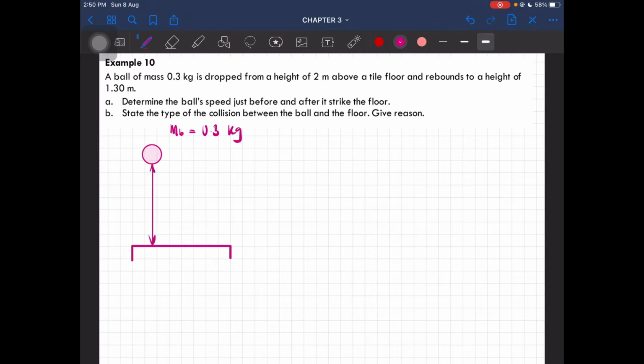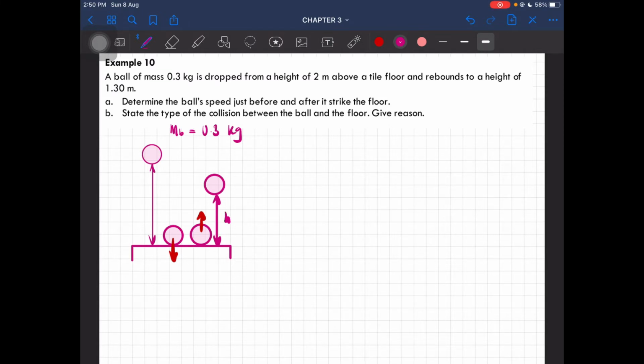It rebounds to a height of... how do I draw this? So it reaches the floor, and then it goes up again, up to here, up till 1.3 meter.